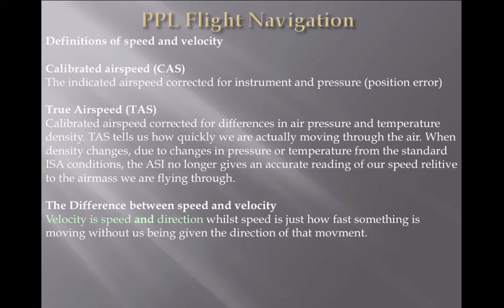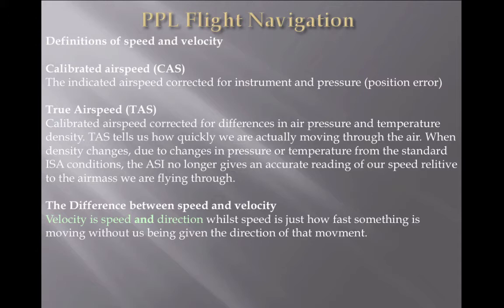Calibrated airspeed is the indicated airspeed corrected for instrument and pressure deviations and position errors. The true airspeed is the calibrated airspeed corrected for differences in air pressure and temperature density. And again, we'll show how to jump between calibrated and true using the E6B quickly. TAS tells us how quickly we're actually moving through the air when density changes due to the changes in pressure or temperature from the standard ISA conditions.